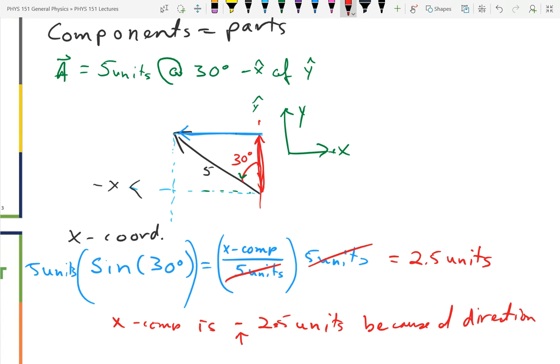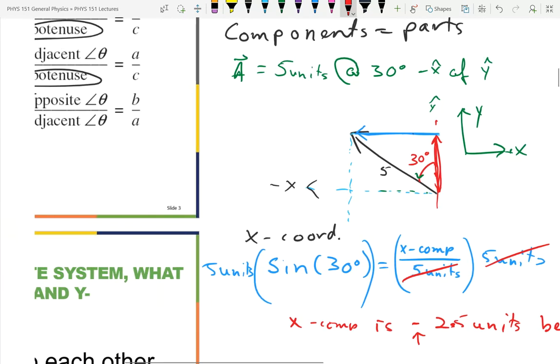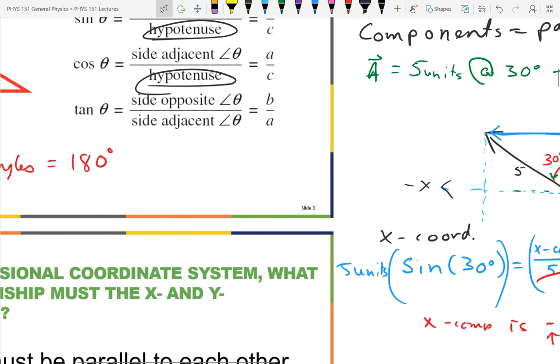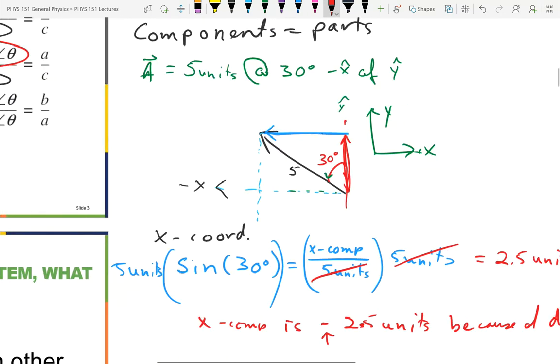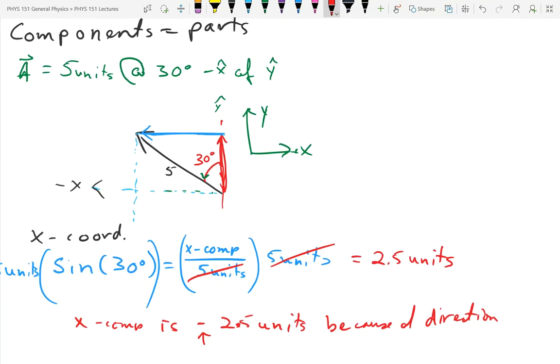So now I'm left with the vertical part. The red line. Is the red line adjacent or opposite? It's adjacent. So now I'm going to look here and say cosine theta has the adjacent. And so I'm going to have cosine of 30 degrees is equal to my y component divided by 5 units.